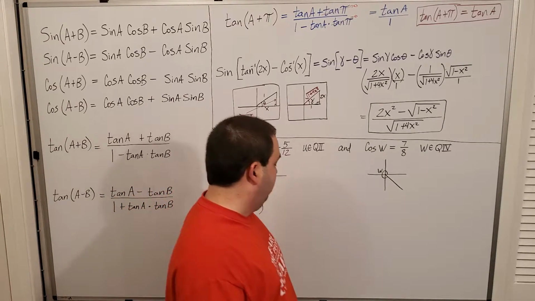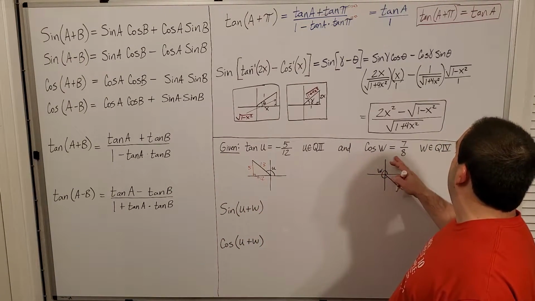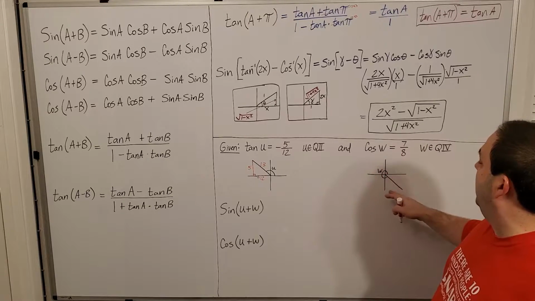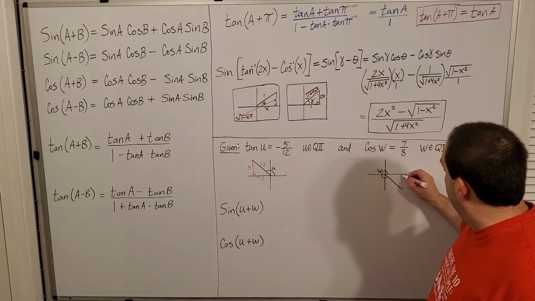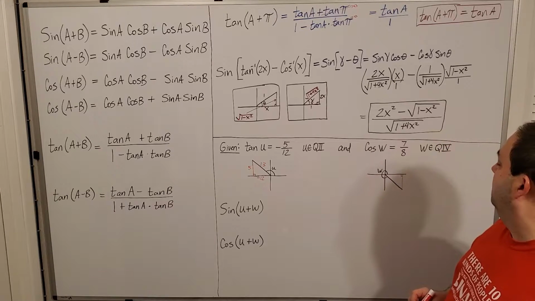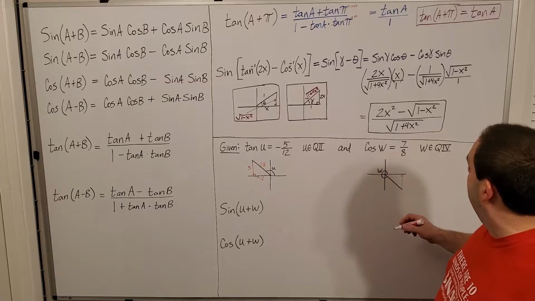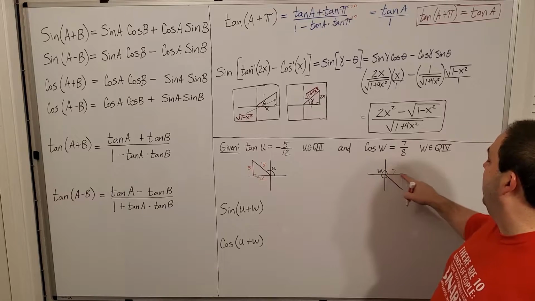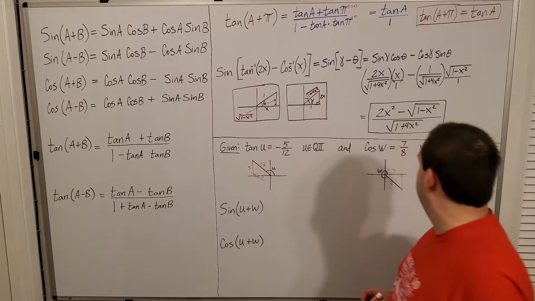And then same thing, same idea for cosine of W here is 7/8, and W is in quadrant 4, right? Remember, cosine is positive in quadrant 4. So if I were to set up the triangle for W here, then the cosine is 7/8. That means the adjacent here is 7 for the x-axis, and 8 is the hypotenuse.